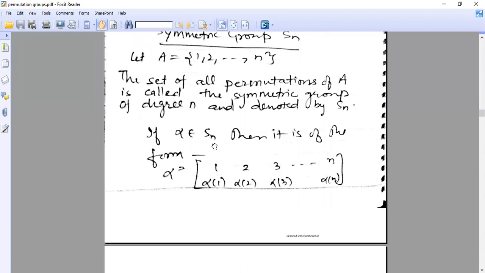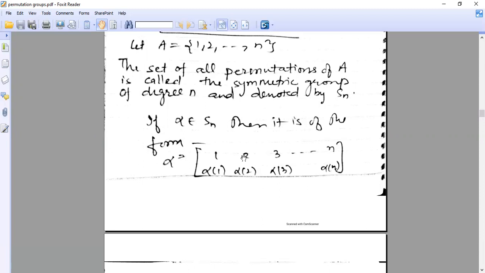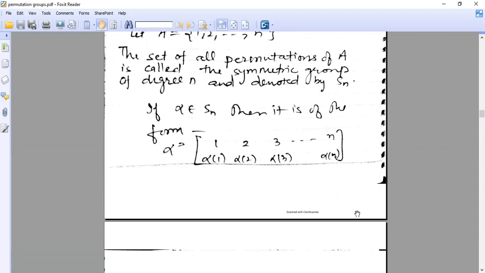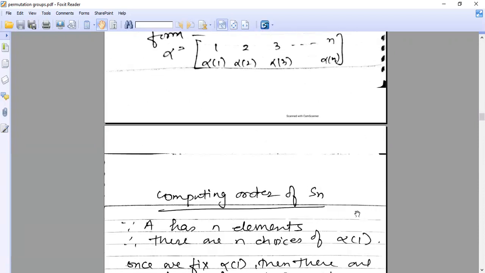So if alpha belongs to Sn, that means if this is some permutation, then it is of the form 1, 2, 3 up to n, and then their images alpha 1, alpha 2, alpha 3, and so on under this alpha. So this will be your permutation in Sn.